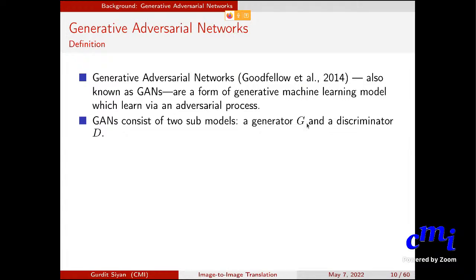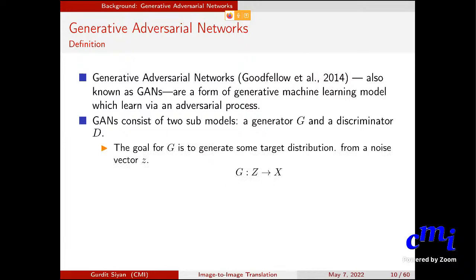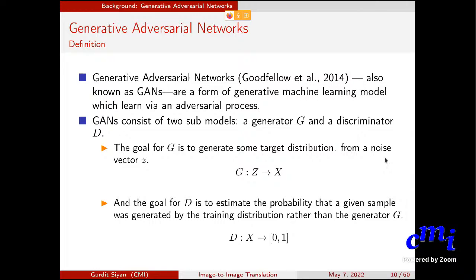GANs consist of two submodels, a generator G and a discriminator D. The goal for generator G is to map from some random noise to a domain X. The goal for discriminator D is to get the probability that the sample it got as input was generated by G, or was an actual training data sample. So it returns 1 if it was a training data sample, and it tries to return 0 if it was a generated or fake sample.